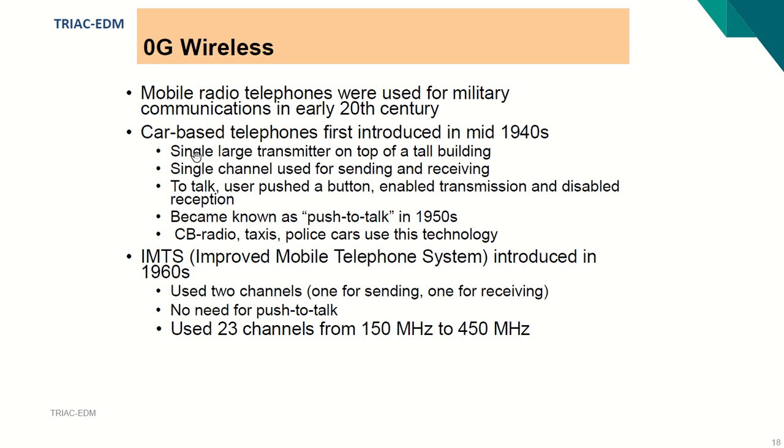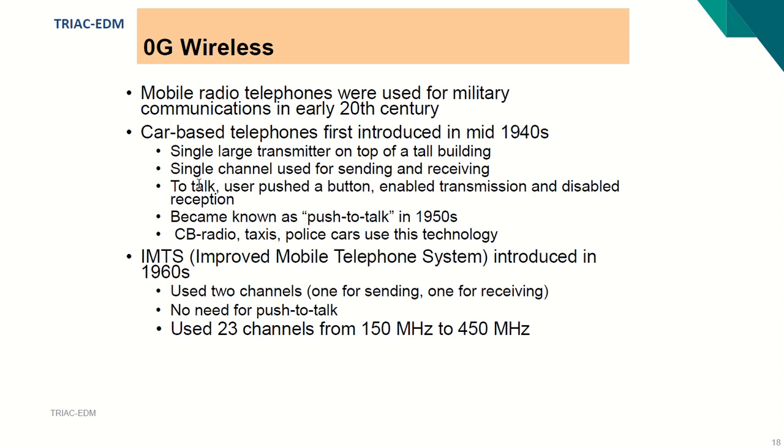That's why it was first introduced as a car-based telephone. Then it's a single large transmitter on top of a building, with a single channel used for sending and receiving. It was all very simple at that time because we are not considering multiple users, multiple access, or channel reuse. We don't consider those things at that time. So single transmitter, single channel.